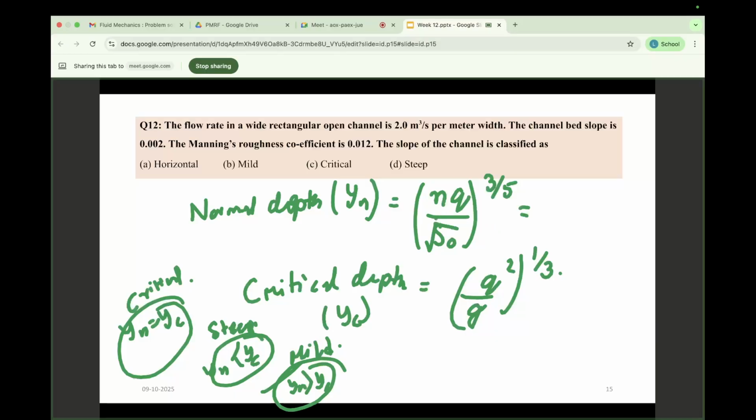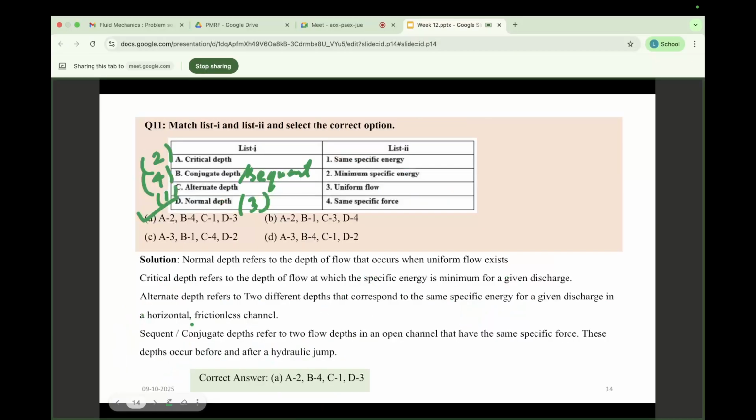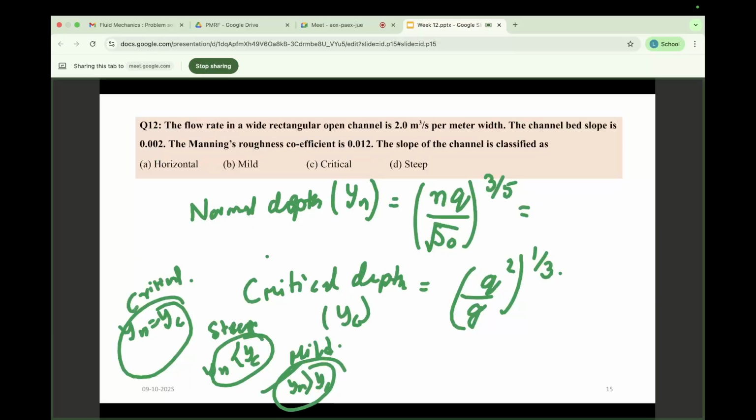I just forgot to mention about this thing. Which term represents what? Basically, in the case of yn, this n is the roughness coefficient, right?